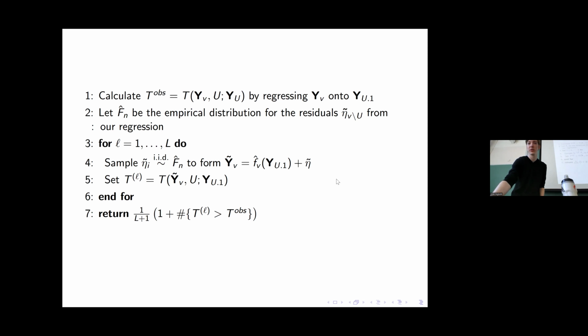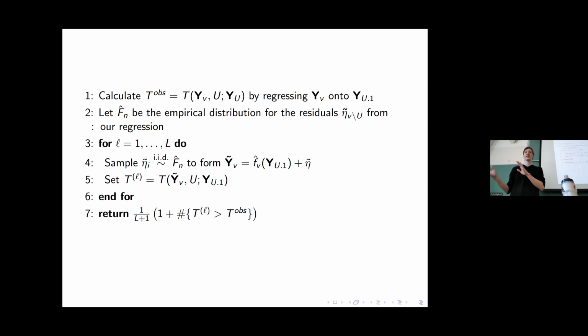They start by regressing YV onto YU,1. That just means you take the vector of coordinates YU and another coordinate that's 1, so that they can add a constant term to calculate YV.